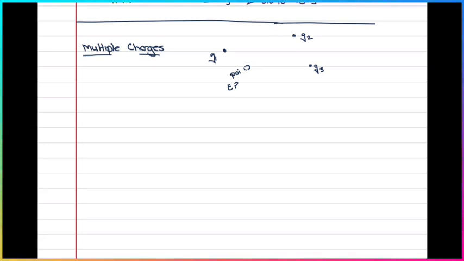So presumably each of those charges is creating its own electric field. Let's suppose Q1 is a positive charge, so we know that electric field is pointing away. Suppose Q2 is negative, so then that electric field is pointing towards. Then Q3, maybe it's also positive, it's pointing away.